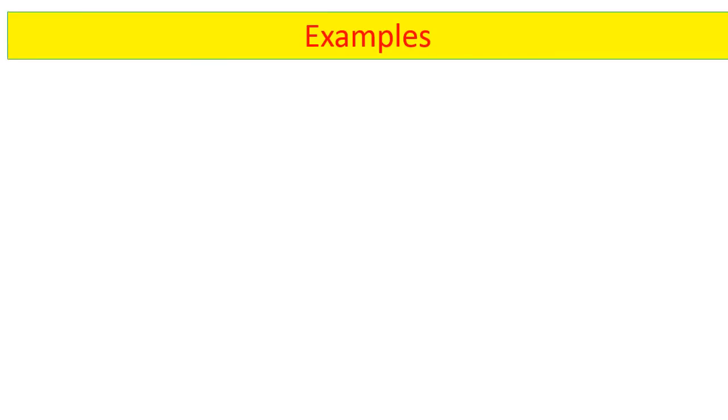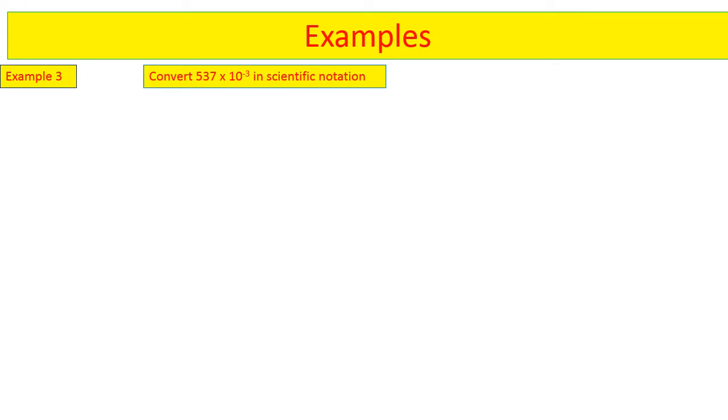Let's take another example. Example number 3. In this example, the second condition is fulfilled, that is, multiplied by 10 raised to power minus 3. But according to the first condition, the decimal should be here.